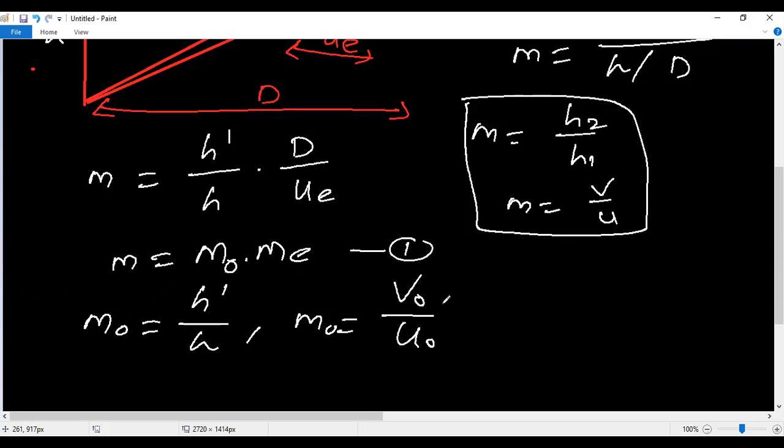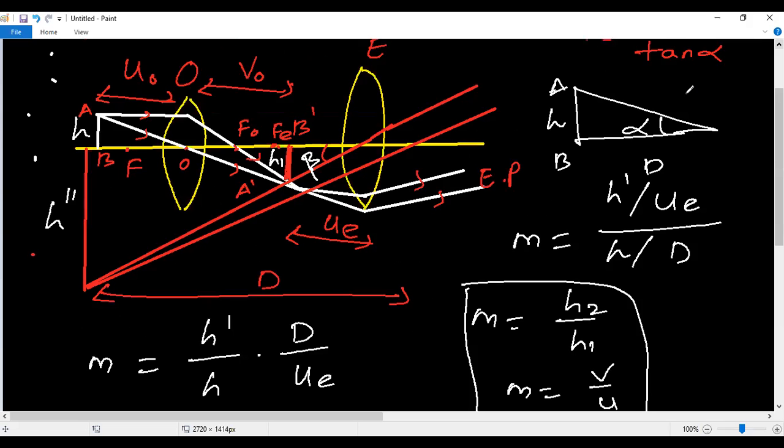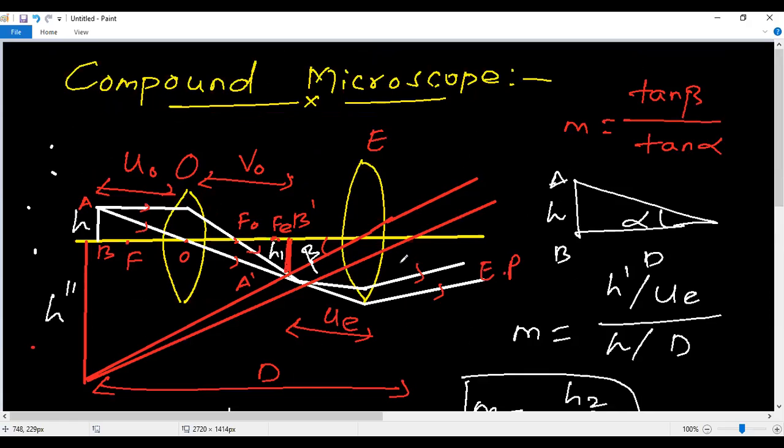And listen, here we are introducing one term: the eyepiece of a compound microscope acts as a simple microscope. For the simple microscope, one formula is for LDDV, you will get 1 plus D by F; the other is for infinity, D by F. Just remember yesterday's formula.